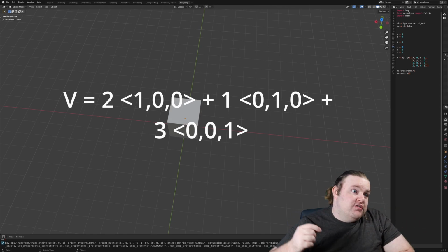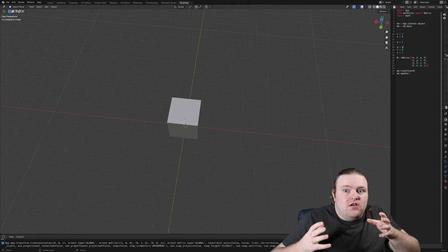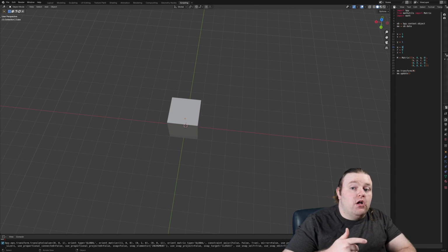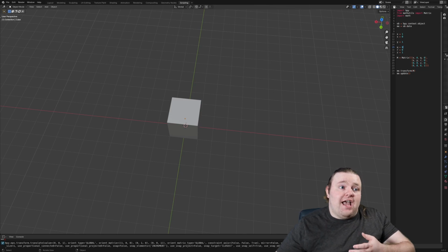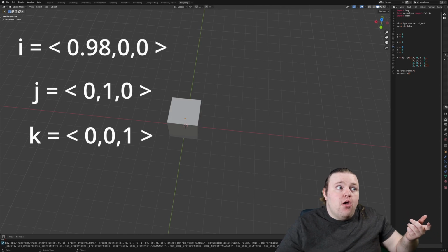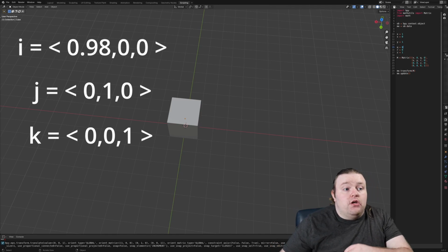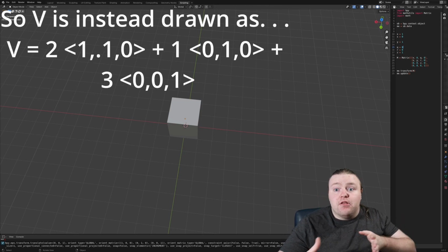And the problem, the reason we have skew from our printer, is that our printer, because it's not a perfect structure, it's not a perfect system, it doesn't work with the same basis. So we're telling it to go to 2, 1, 3, but it's not adding I, J, and K. It's adding some different variation where maybe I isn't 1, 0, 0, it's 0.98, 0, 0. Or maybe it's skewed, so it's not 1, 0, 0, it's 1, 0.1, 0, which just introduced an XY plane skew.